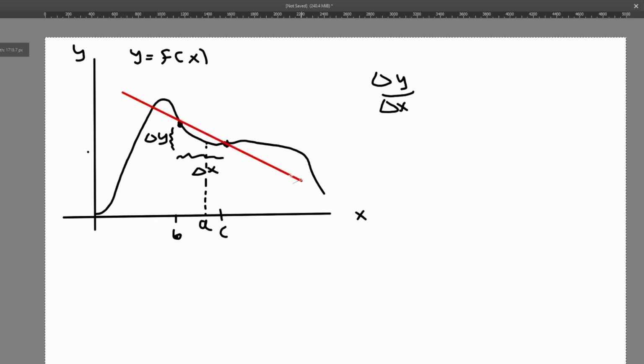So what we're essentially doing is finding a chord near the point A, and finding the slope of that. And this estimates the rate of change at A.